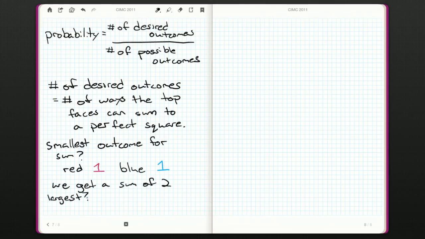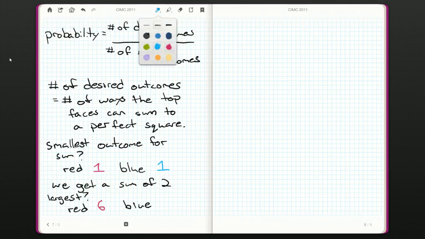How about the largest possible value? Okay, we can still ask, okay, red and blue. Well, what are the individual largest possible values? The red die could be showing its maximum value, which is a 6. And the blue die could be showing its maximum value, also a 6.